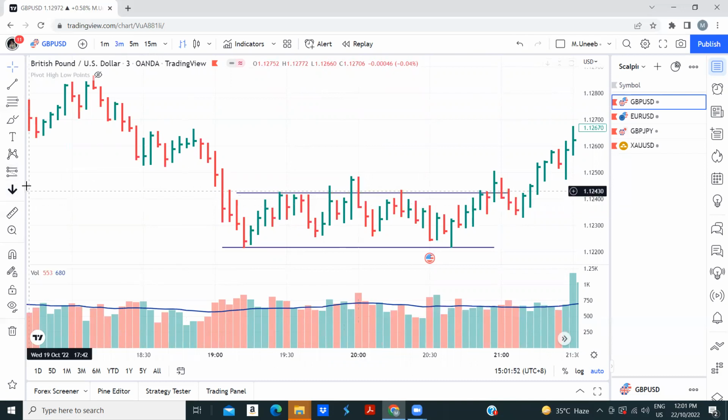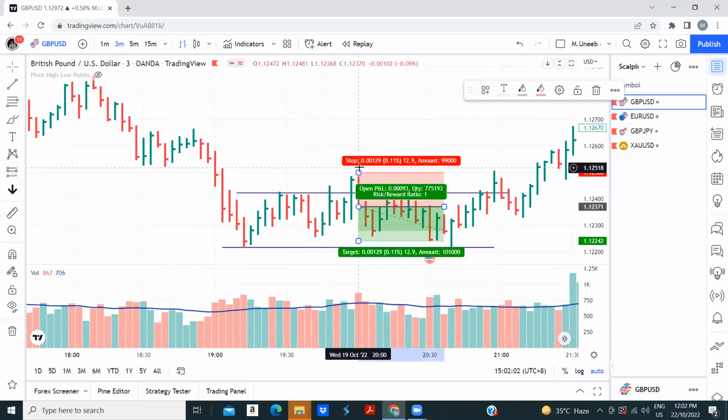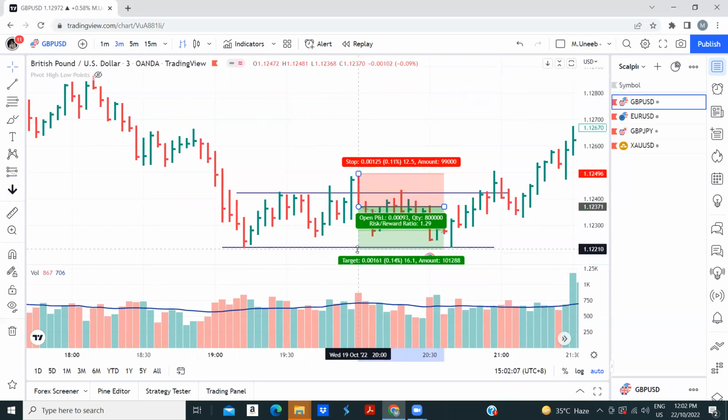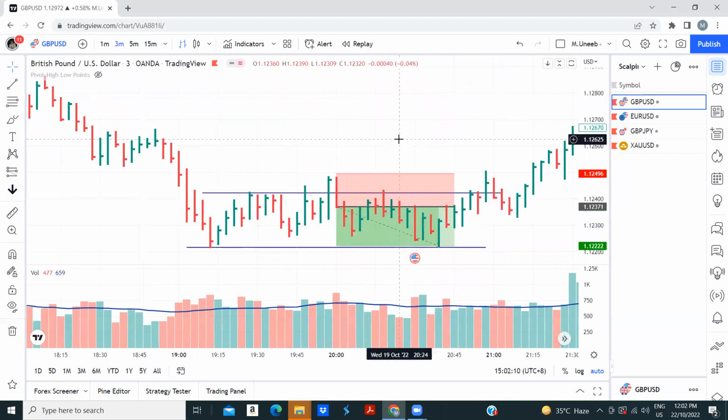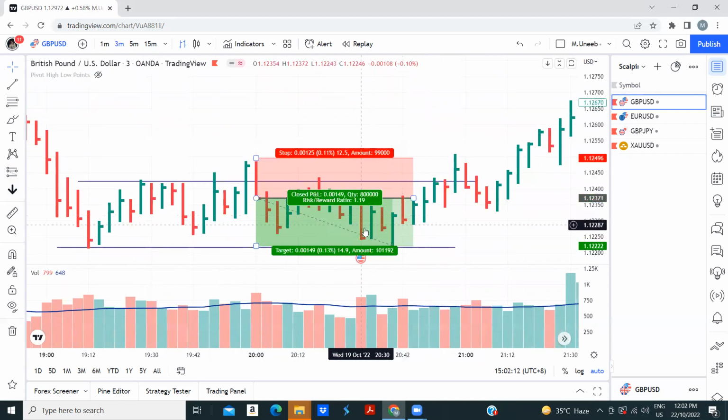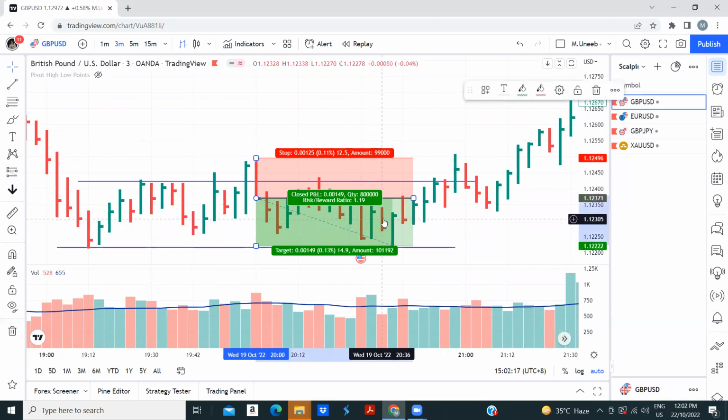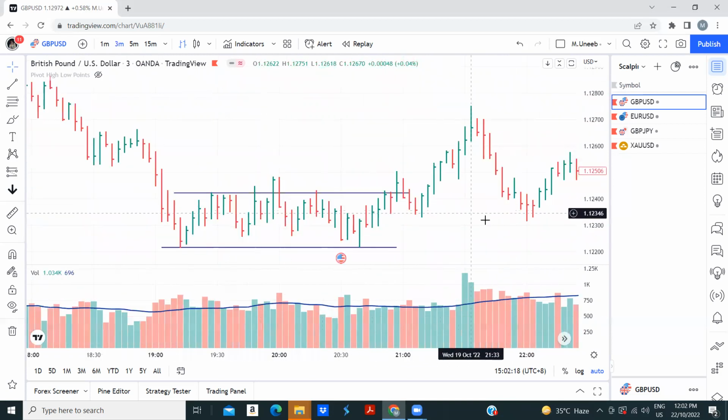If you take this trade, you must know that our exit should be on this side. That's it, before the news. And once the news comes out at this point, you must close your trade. Got it?